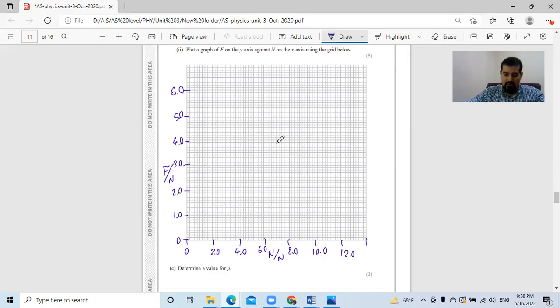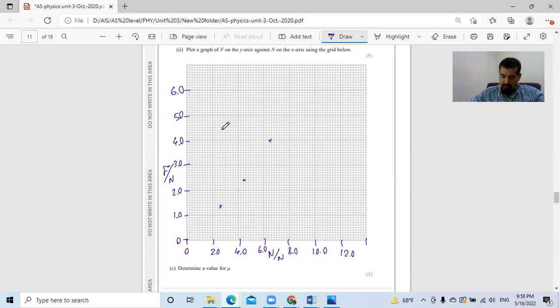After we plot the graph, I will not plot it now. You can plot it because you know it. It will be something like this. This is the first point, and the second point will be 2.5 with 4.41, which is somewhere here. The third point will be 4 with 6.38.